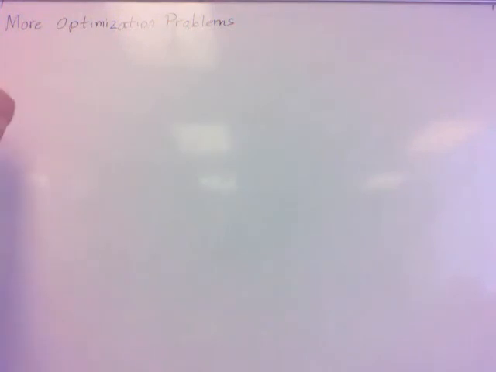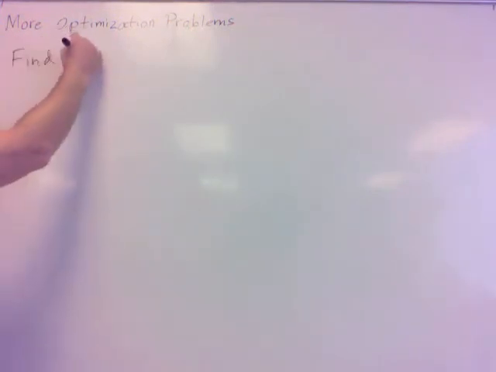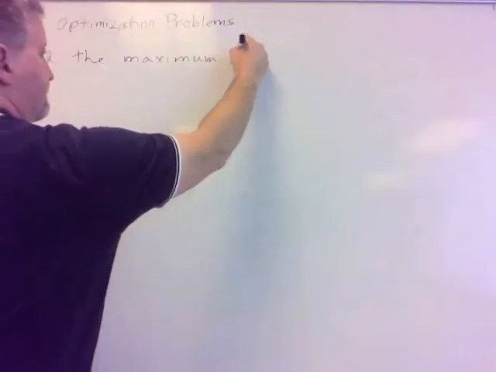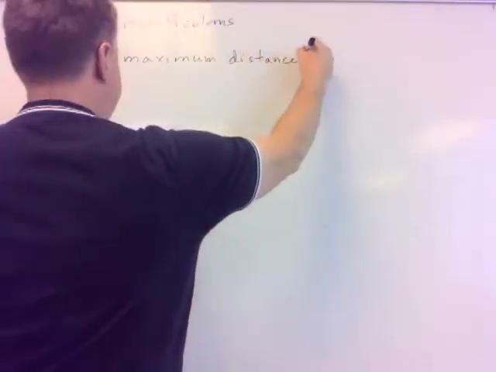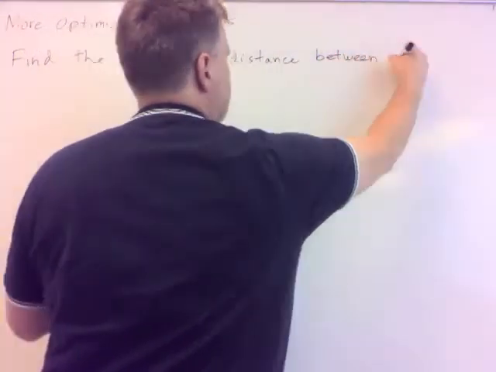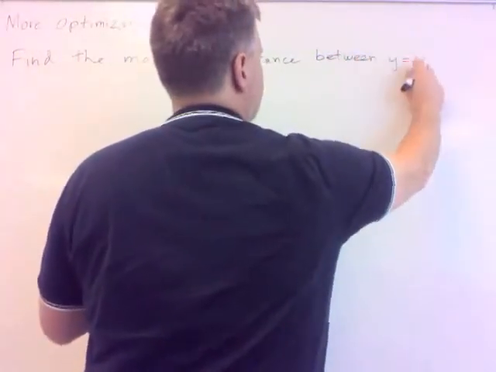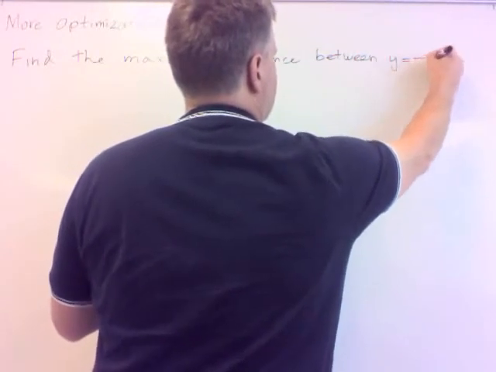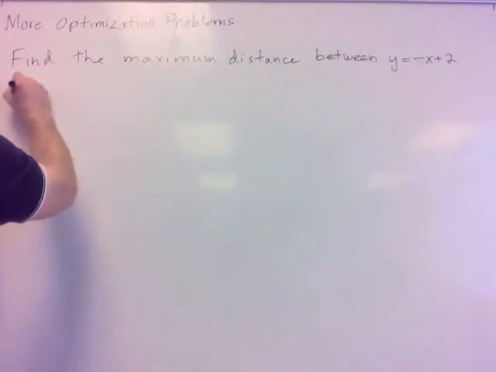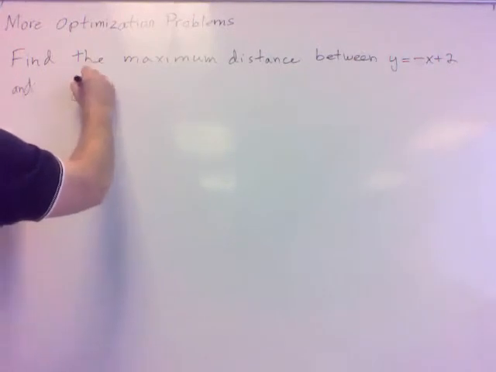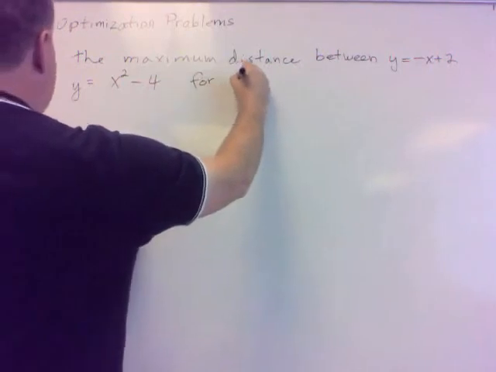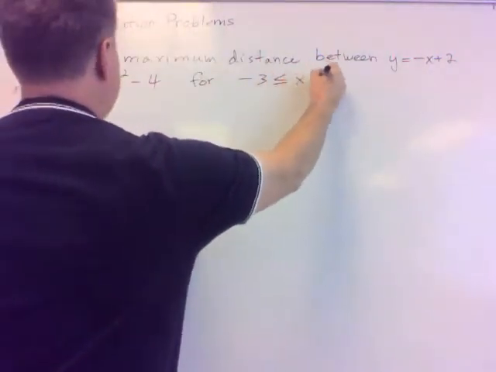This one. Find the maximum distance between y equals minus x plus 2 and y equals x squared minus 4 for negative 3 is less than or equal to x is less than or equal to 2.